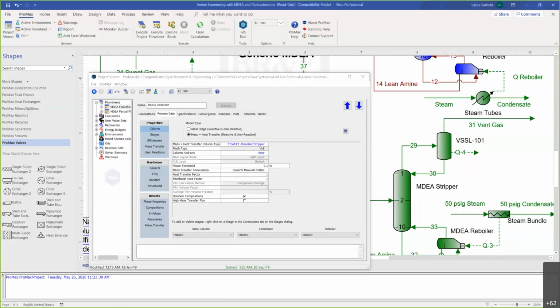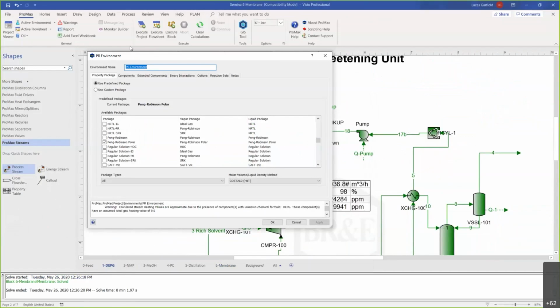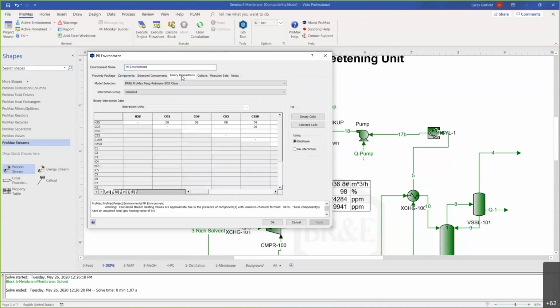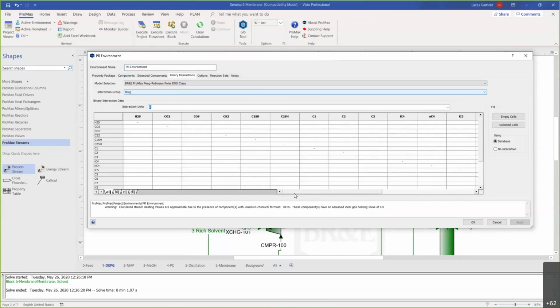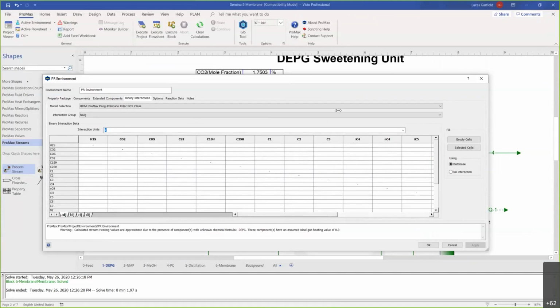So Patrick asked, is it possible to adjust the solubility of components in DEPG? Which components? Like the hydrocarbons, or what are you thinking about, Patrick? So if I go to my environment, I've got my Peng-Robinson polar environment here. If I go to my binary interactions, I've got binary interactions available to me for my regular Peng-Robinson class and for my Peng-Robinson polar equation of state class. And here, if I look at this table, it's not letting me scroll.